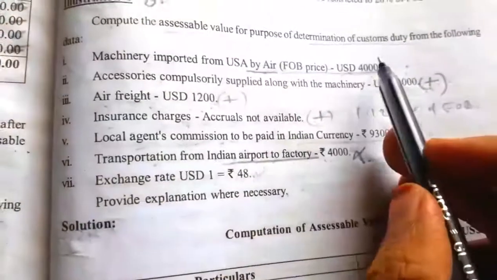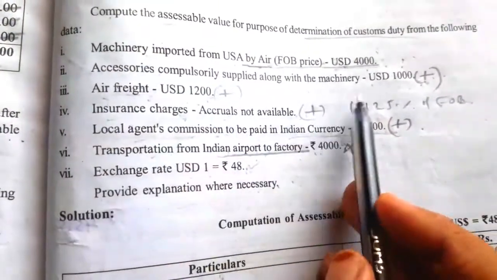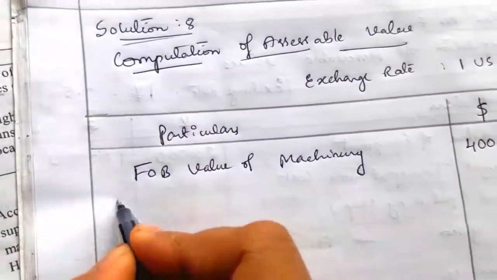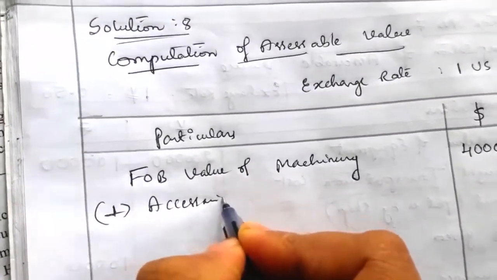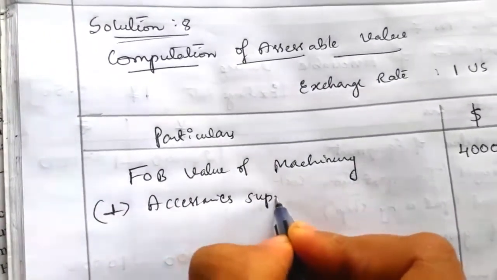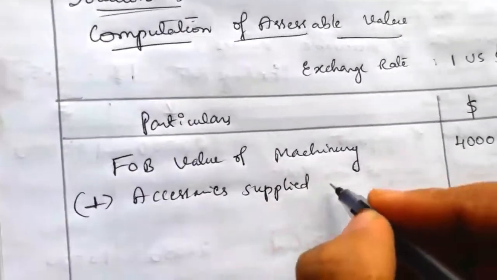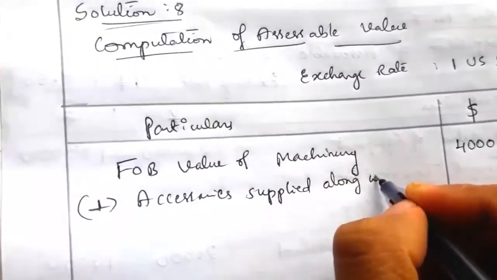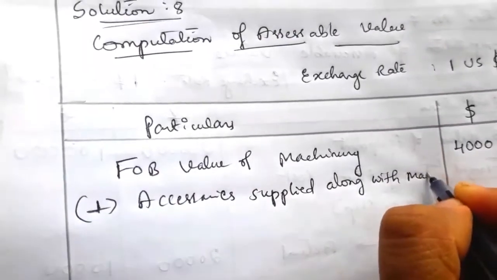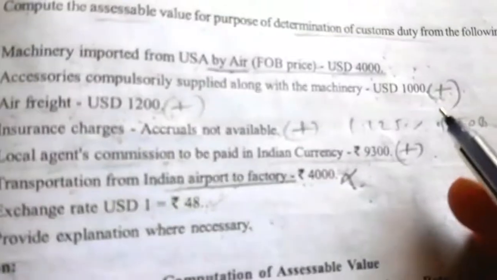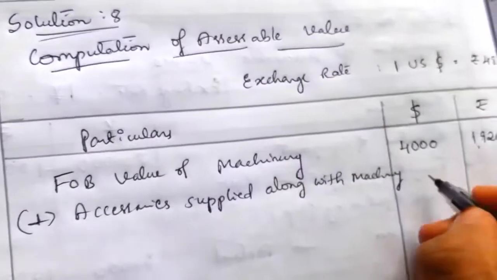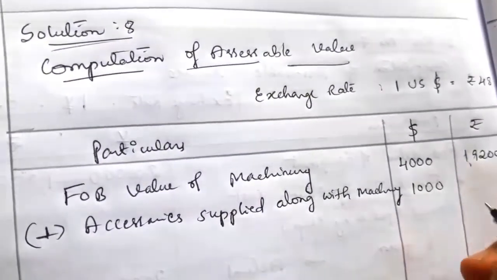Along with the machinery, accessories are also supplied. That also we have to add. So write accessories supplied along with machinery. It is a composite supply. The accessory value is 1000 US dollar. So write the value in the dollar column.